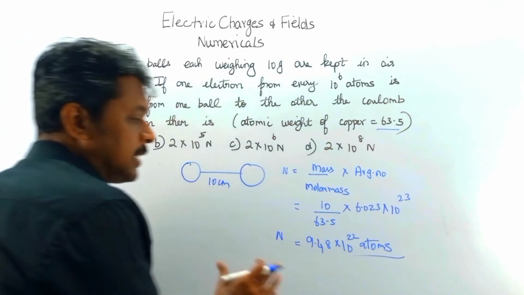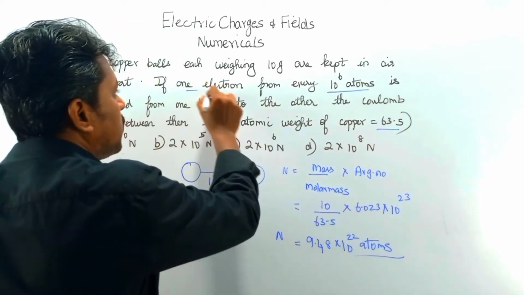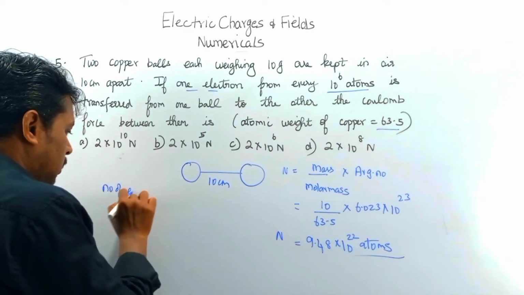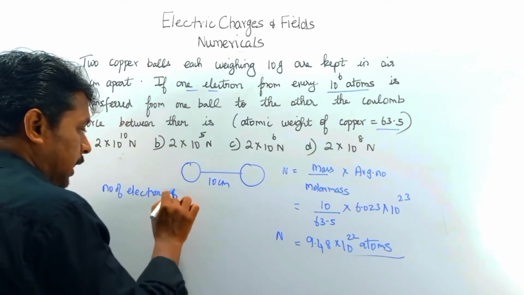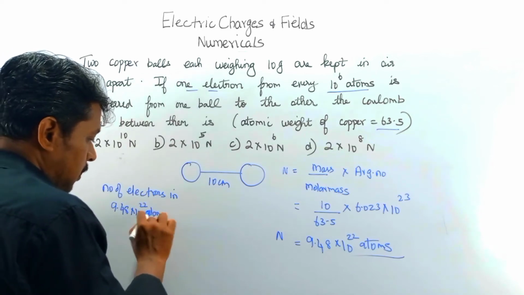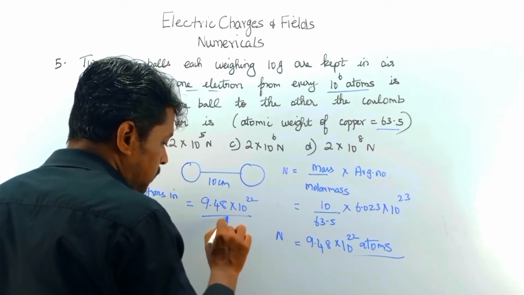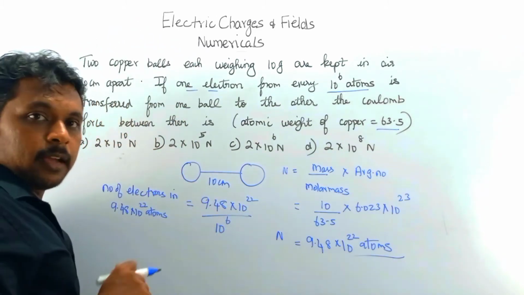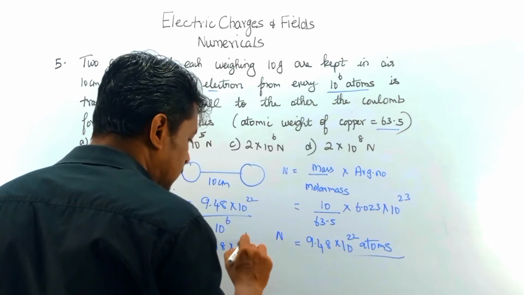Now we have to find the number of electrons in these atoms. You know the rate: for every 10 power 6 atoms there is one electron. So we have one electron in 10 power 6 atoms, and in this number of atoms we will have 9.48 into 10 power 16.